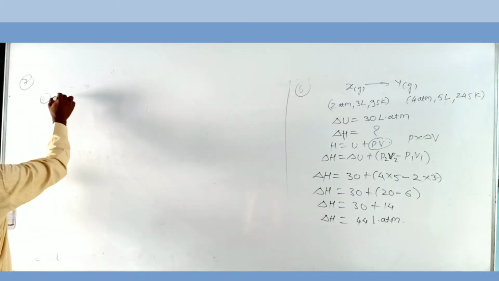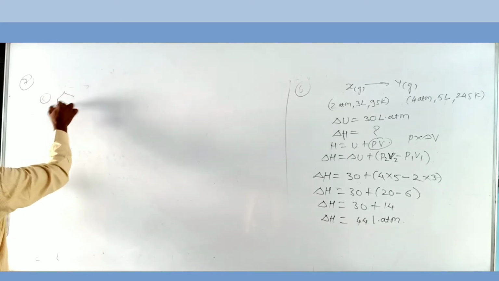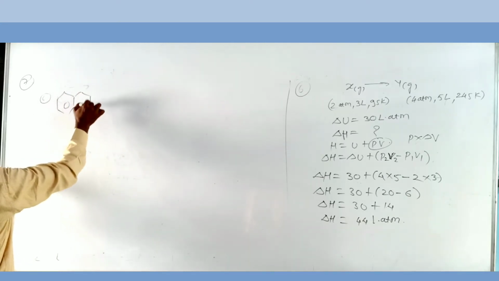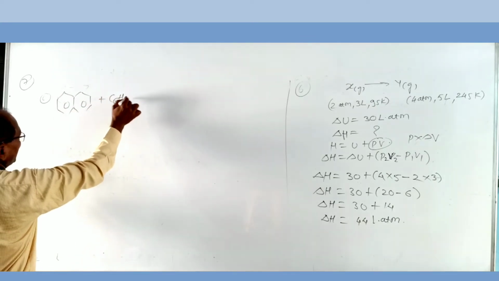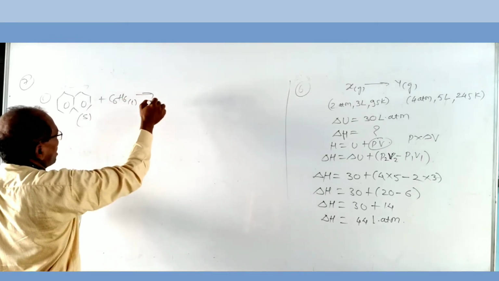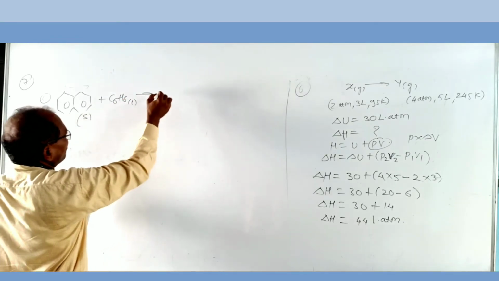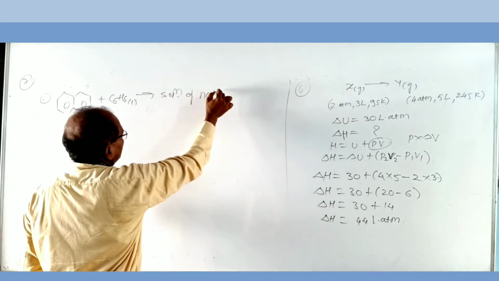C answer, adding naphthalene. Naphthalene has a double benzene ring. This is the naphthalene plus benzene, C6H6 liquid. This is the solid. Formation of solution of naphthalene.